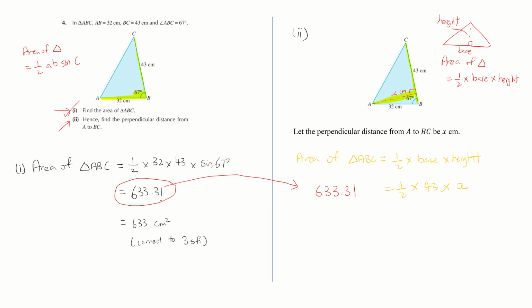Note that I use 633.31 instead of my final answer 633, because this is more accurate. So I should always use the number with more SF.